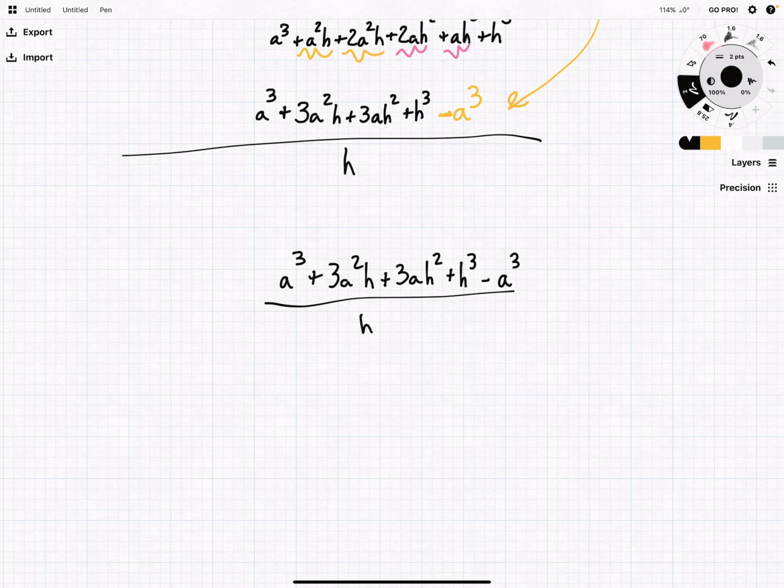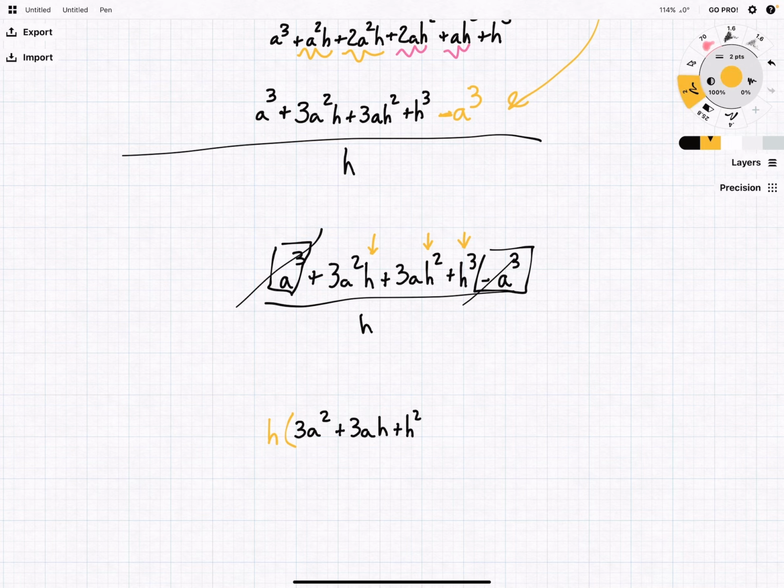Now what we do notice is we have an a cubed and we have a minus a cubed, so those do cancel out, which is nice. Another thing that we notice is we do have h's. So we can factor out an h as well. So let's go ahead and do that. We have h times 3a squared plus 3ah plus h squared all over h.